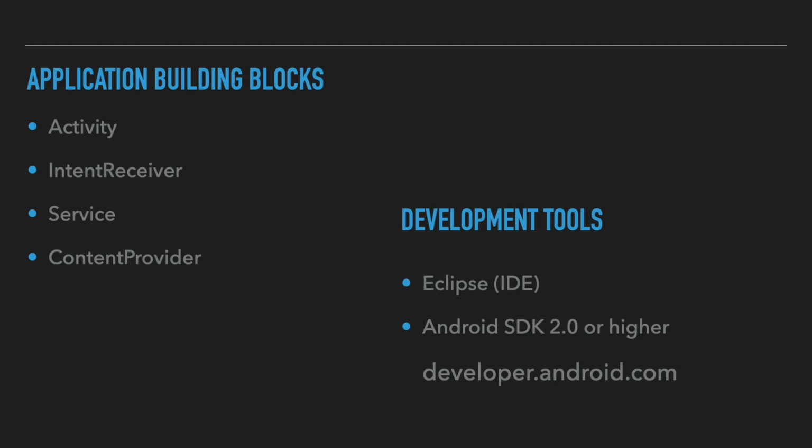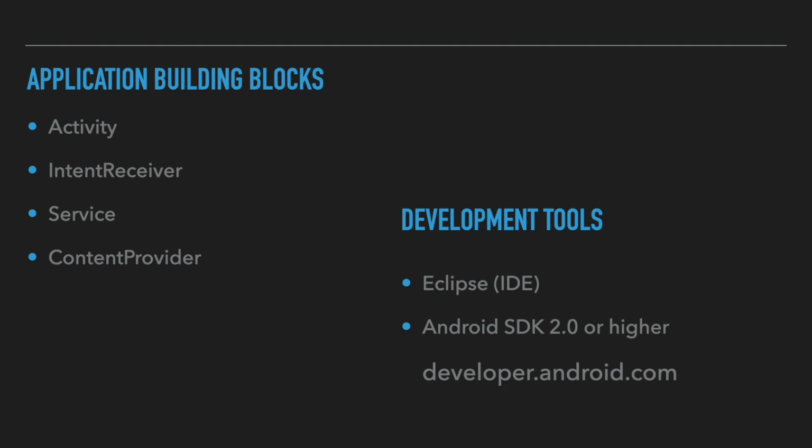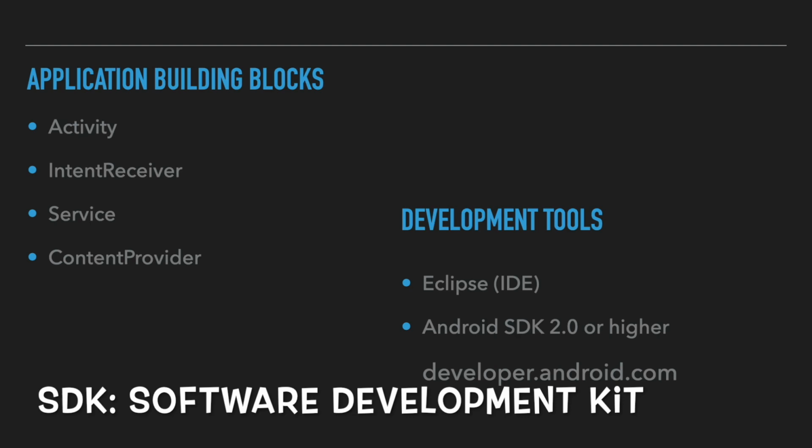Now let's see the different development tools. There's something called Eclipse, which is an IDE, that is, integrated development environment, which was used years ago. Now we often use Android Studio, right? And there is something called SDK 2.0. Basically 2.0 is the version. SDK stands for software development kit.